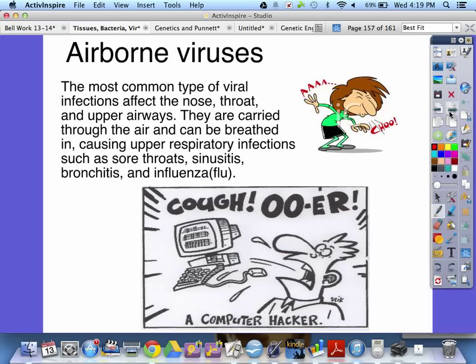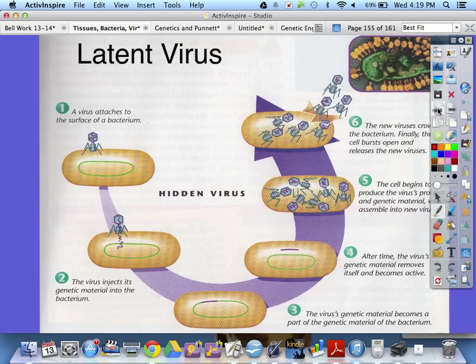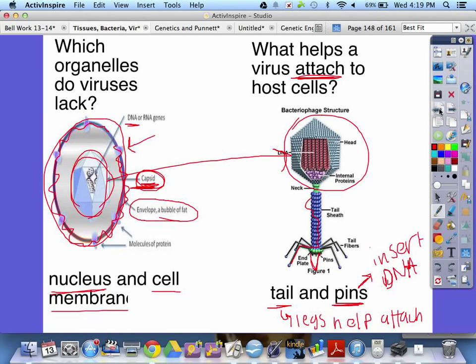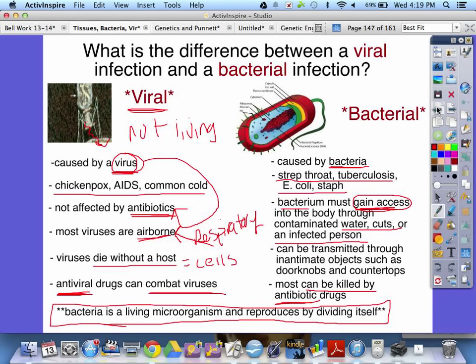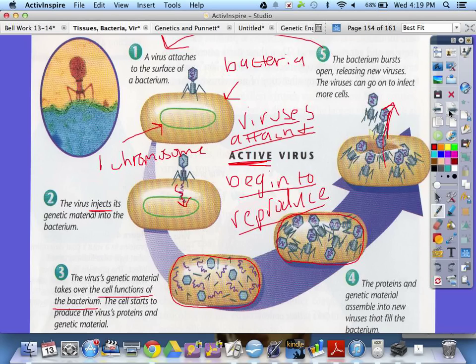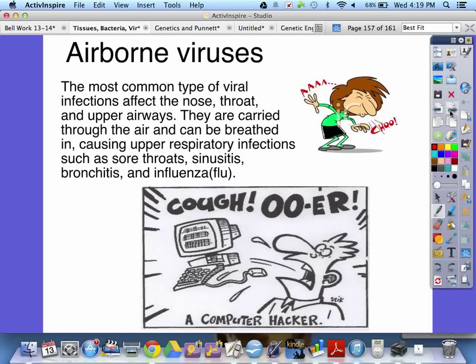Now, when we're watching this, if you remember going back, viruses are actually airborne. You see that? They're airborne. So with an airborne virus, which is how most of them are transferred, they affect the nose, throat, and upper airways, which is your respiratory system.